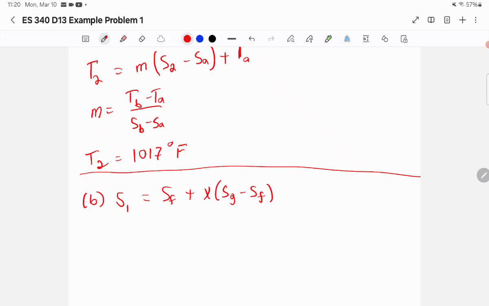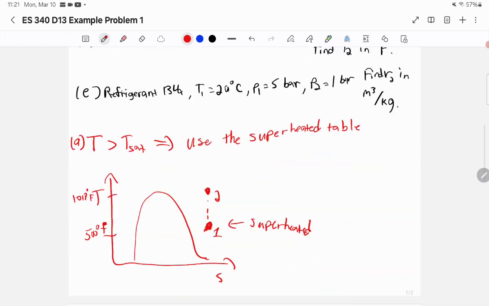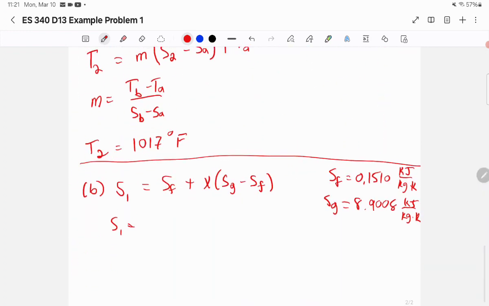And that means that S1 is equal to, SF was equal to 0.1510 kilojoules per kilogram Kelvin, and SG was 8.9008 kilojoules per kilogram times Kelvin. And we were given X as being 0.75.